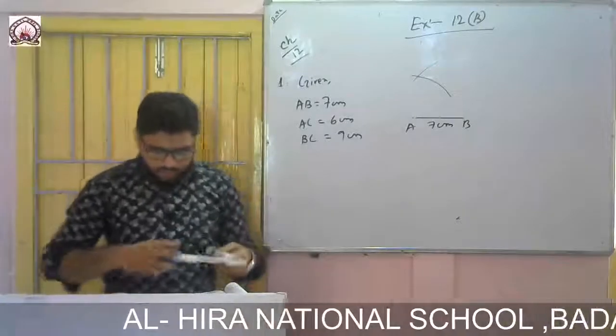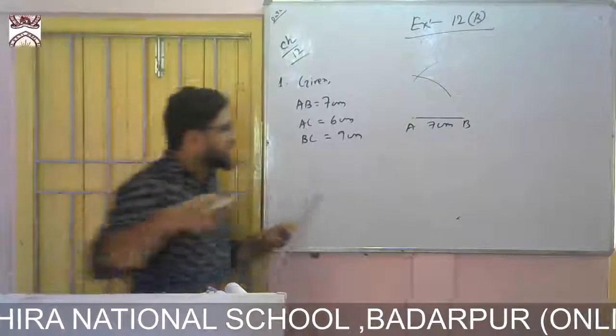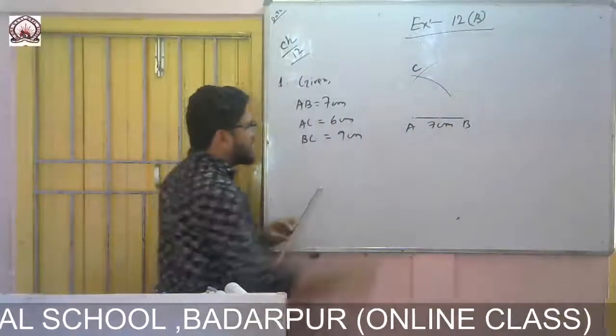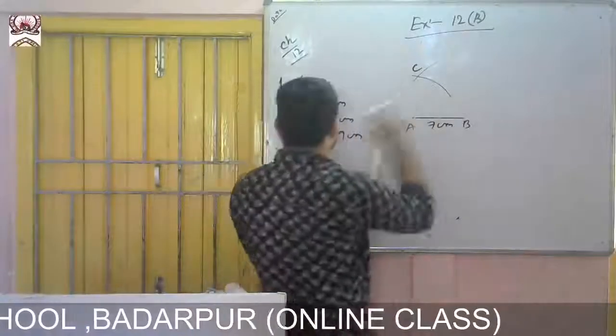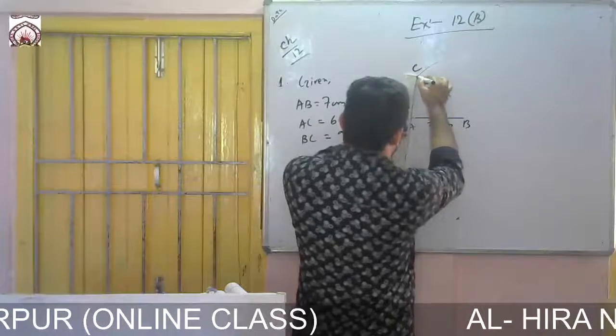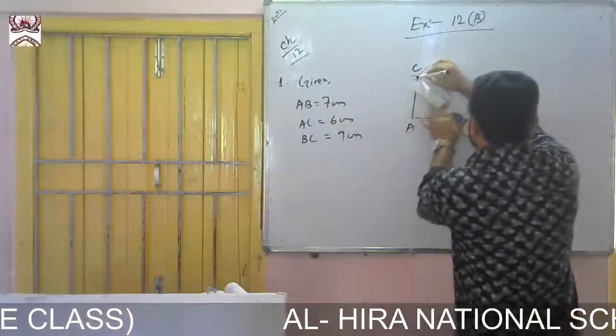You give this point of intersection as C. Understood? Now you join AC and BC with the ruler, from the point of intersection to A, and from this one to B.